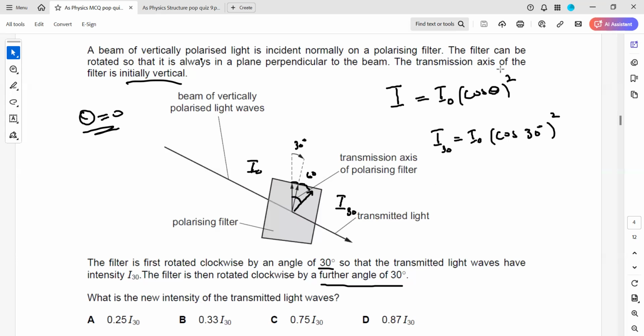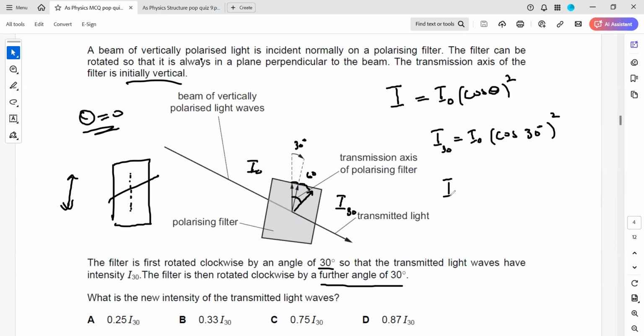This theta is always the angle. For example, you have a polarized light and you have a polarizing filter. You always take the angle from the initial value. So first we rotated 30 degrees and then a further 30. So the total angle will be 60 degrees.